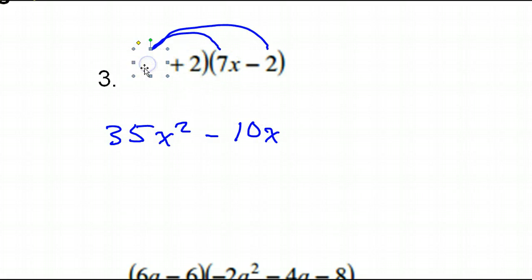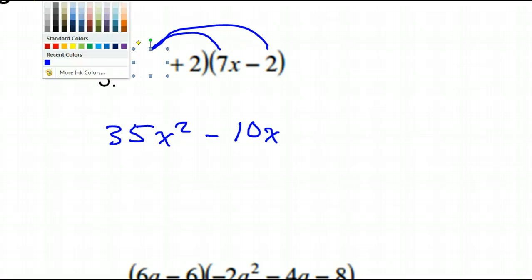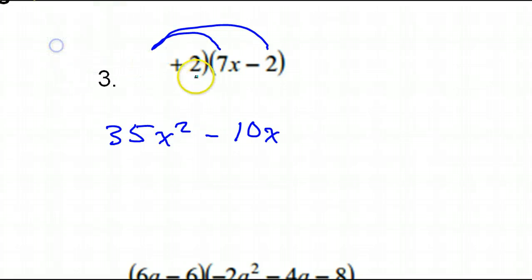Alright, so now let's move that over there. And let's do the distributive property with the 2. 2 times 7x is 14x. 2 times negative 2 is negative 4.